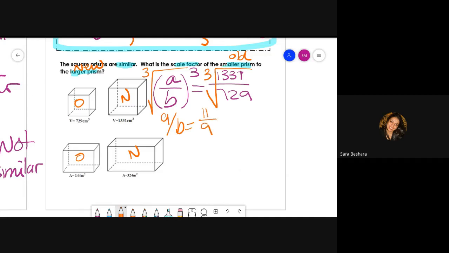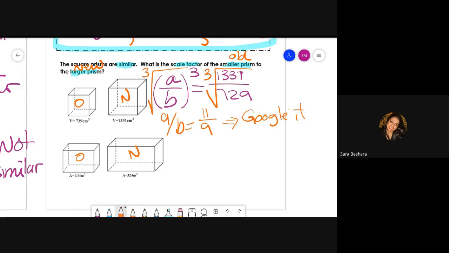Now, if you don't know how to do this on your calculator, please Google it. I'm unable to show it here for some reason, and I don't know what kind of calculator you're using at home either. So if you don't know how to get the 11 over 9, please Google it. Just put down the name of your calculator. The name is usually on the top of the calculator.